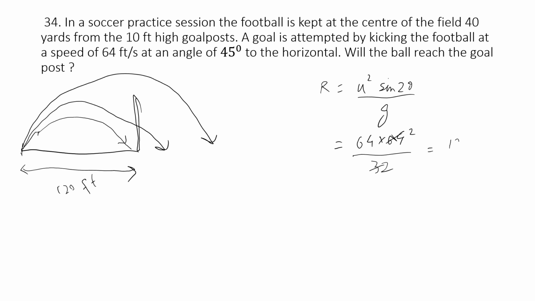So this is 128. So the first scenario is eliminated. So it is definitely crossing the goalpost. Now we have to check whether at 120 feet distance, the ball is above the 10 feet high goalpost or below the 10 feet high goalpost.